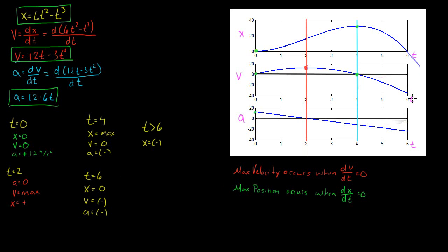Our velocity continues to come down like this, and our acceleration continues to go down. So when time is greater than 6 seconds, x is equal to a negative number, our velocity is equal to a negative number, and our acceleration is equal to some negative number.